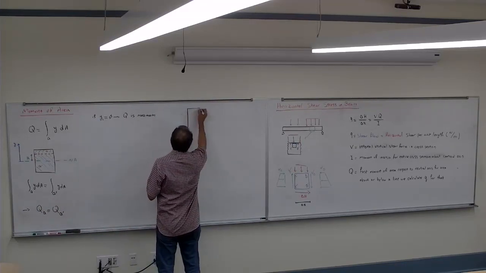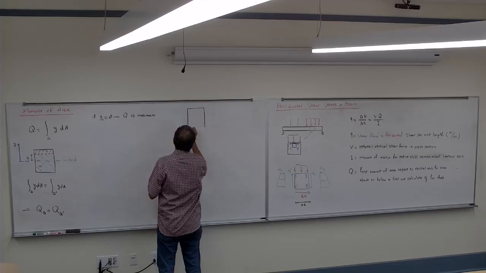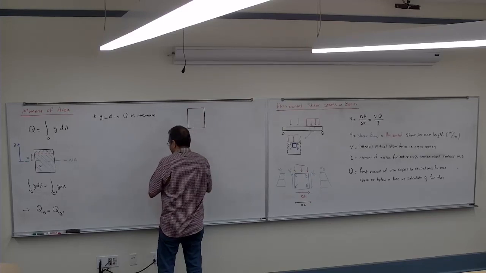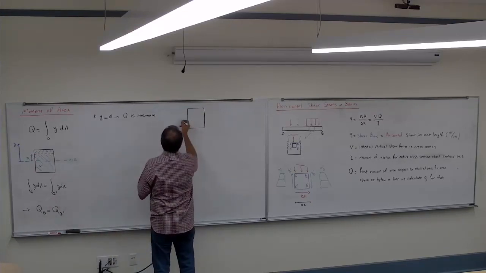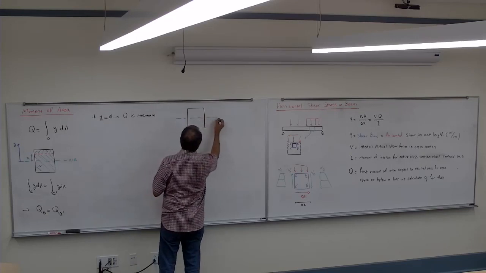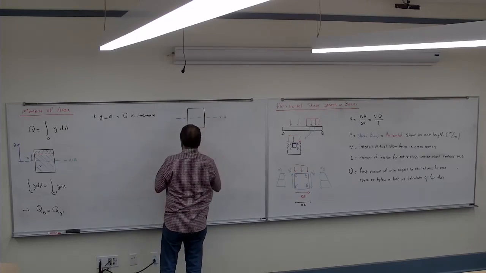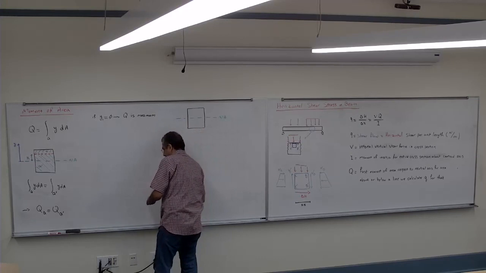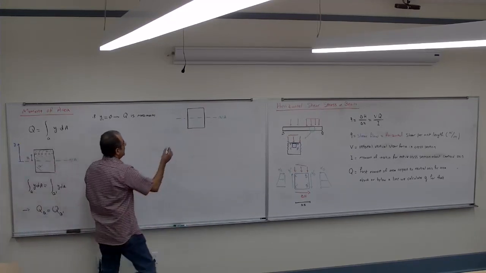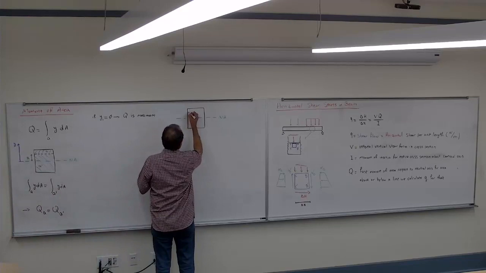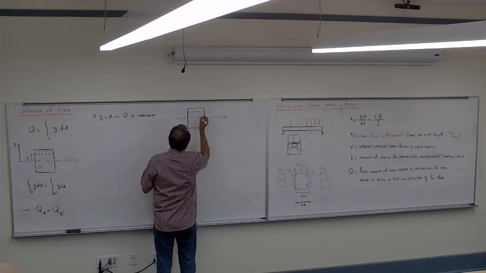Now, I'm going to draw that cross section again, with the same neutral axis going there, and I want to find the shear in that line.